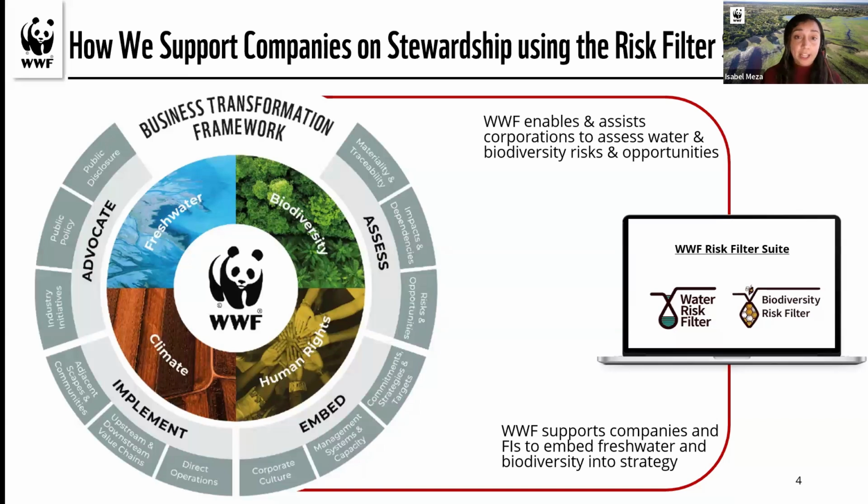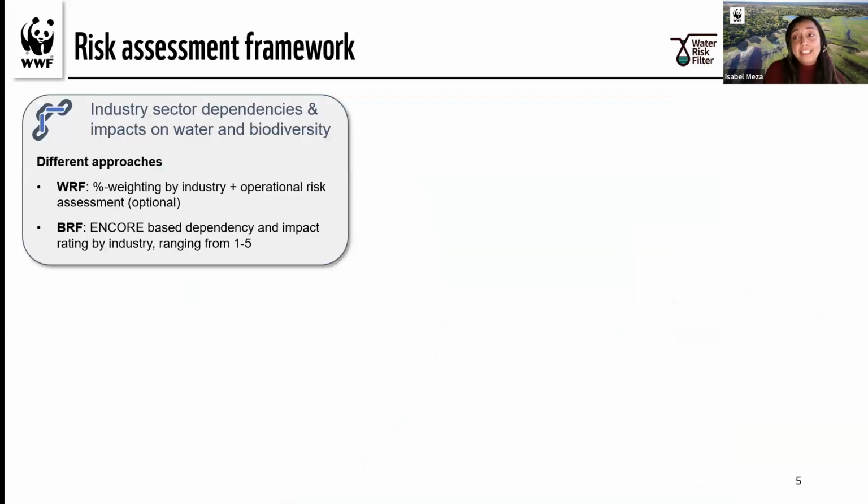The Risk Filter Suite helps in this framework because it enables and assists corporations and financial institutions to assess water and biodiversity risks and opportunities. It also supports companies and financial institutions to embed freshwater and biodiversity into their strategy.